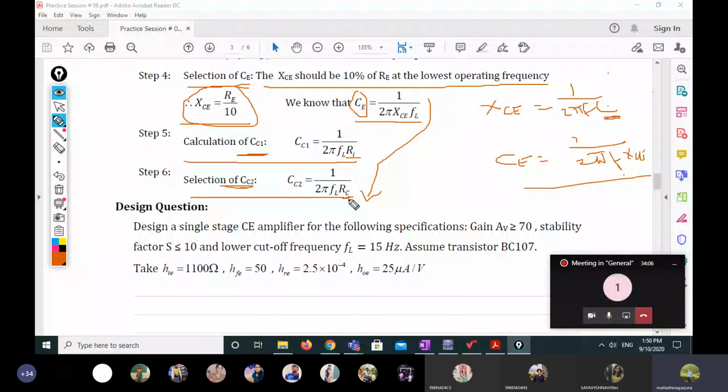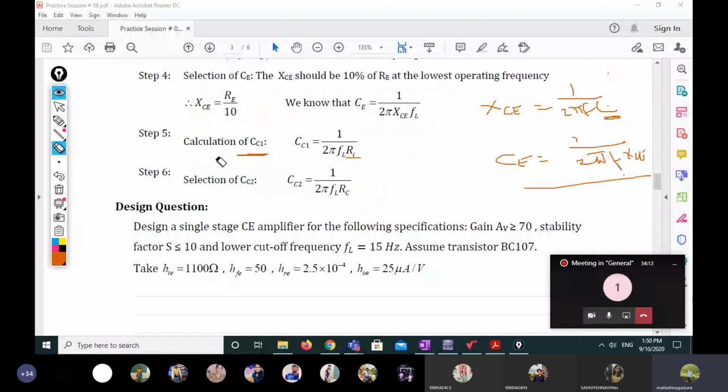Like this we can calculate the three capacitor values.